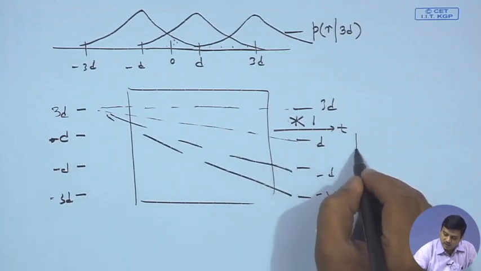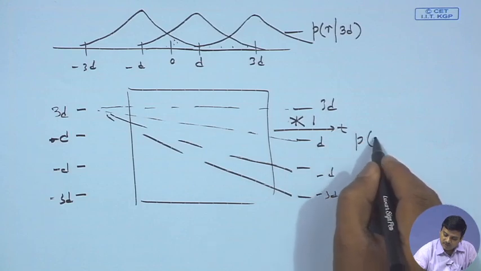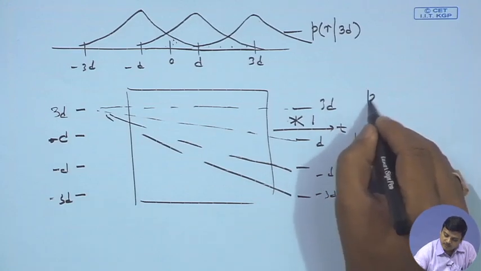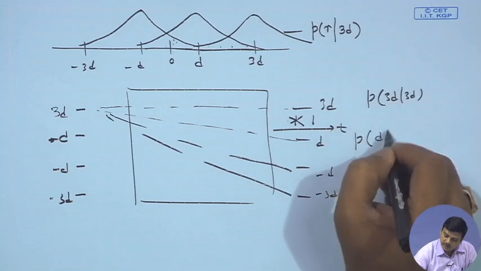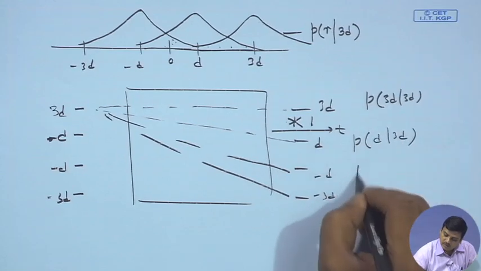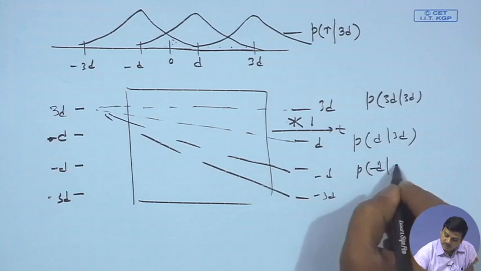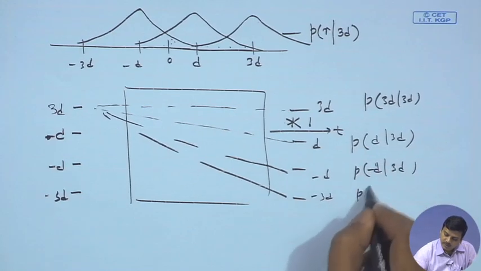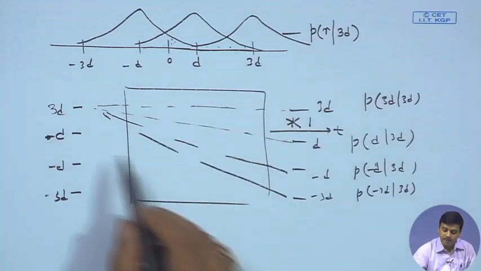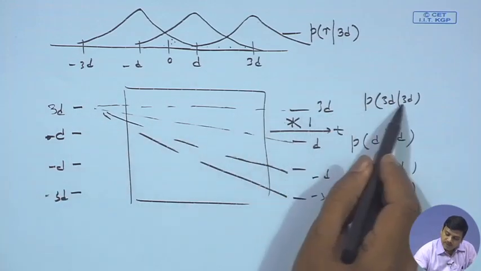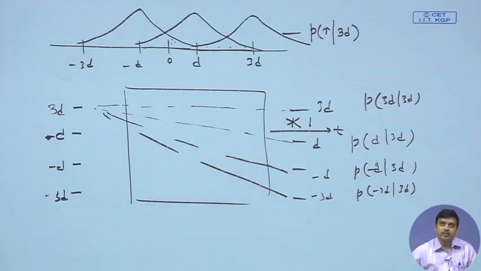So we have the transition probabilities of getting 3d given 3d, getting d given 3d, getting minus d given 3d, and getting minus 3d given 3d. So we are going to have all these probabilities. Similarly, the probability of 3d given d, and so on and so forth. We are going to get all these transition probabilities.